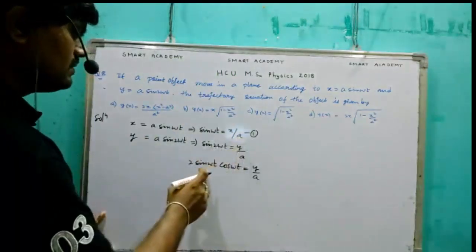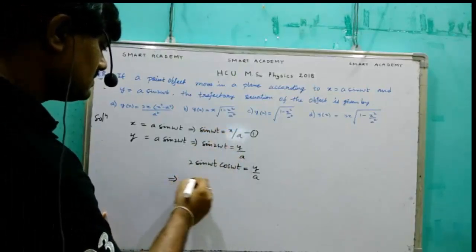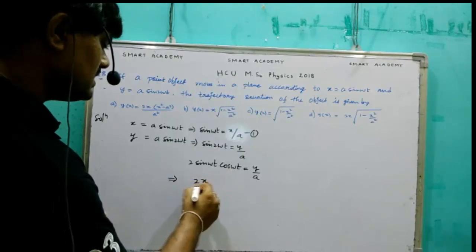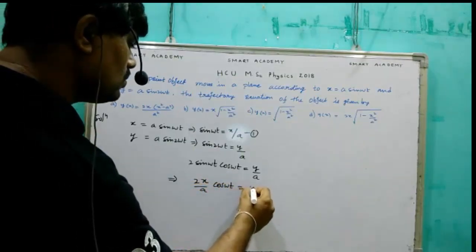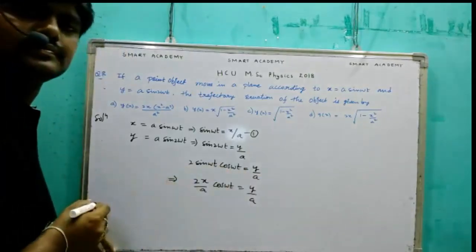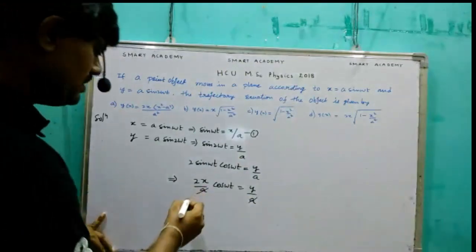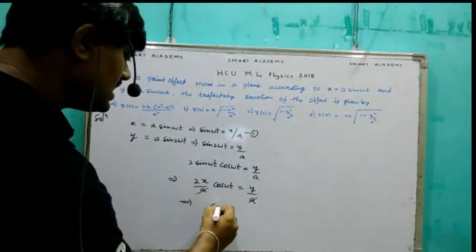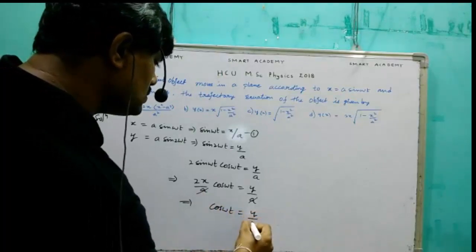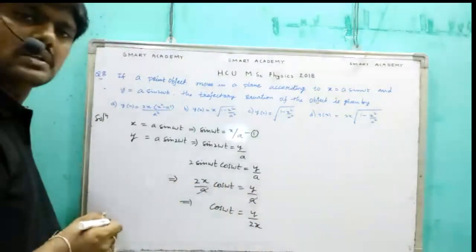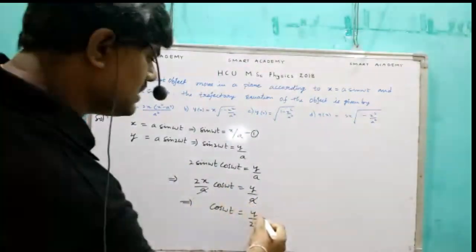Putting sin omega t equal to x by a, we get 2x by a into cos omega t equal to y by a. Here a gets cancelled, so we get cos omega t equal to y by 2x. Let it be equation 2.